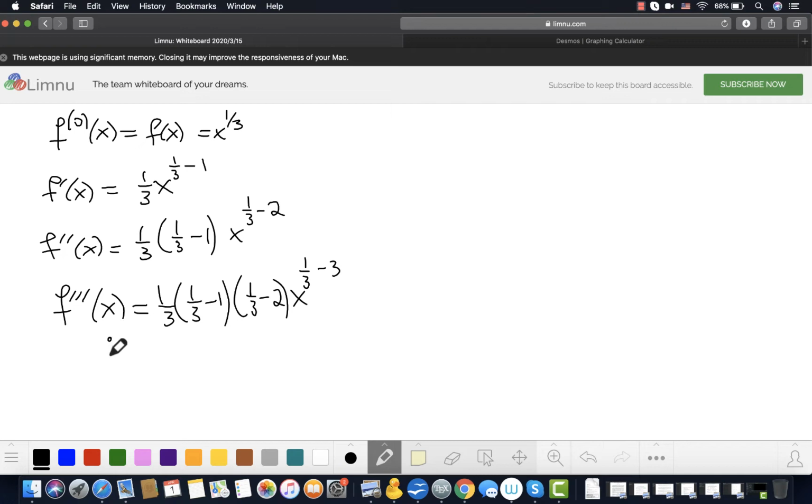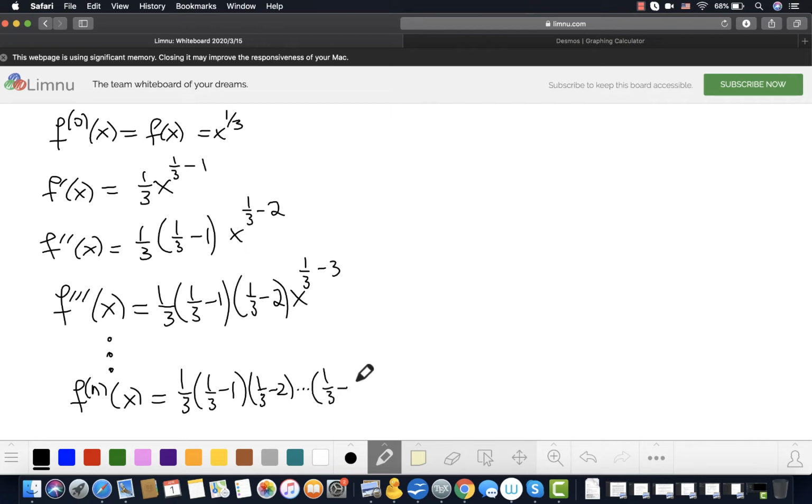So if you continue in this fashion, the nth derivative of the function is, well, you just keep multiplying by these terms: 1/3 times (1/3 minus 1) times (1/3 minus 2) times (1/3 minus 3), and so on.